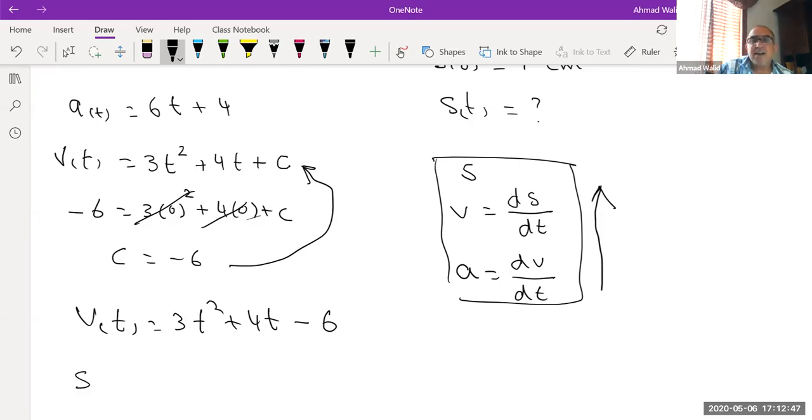Now, let's find s of t. To find s of t, take the antiderivative of v. You see this arrow? You are going up. What is the antiderivative of this function?